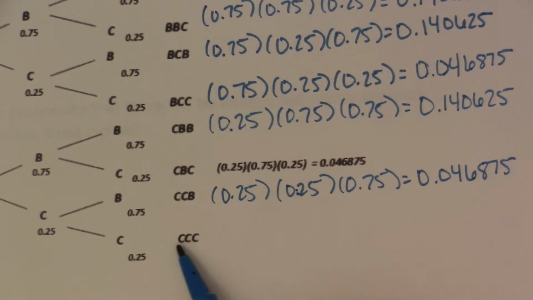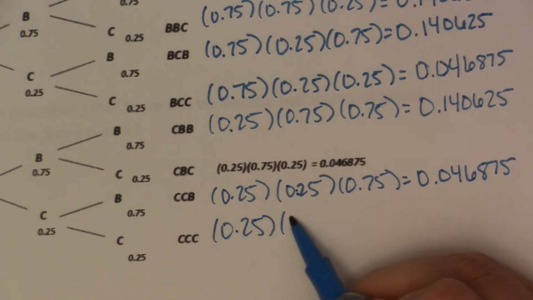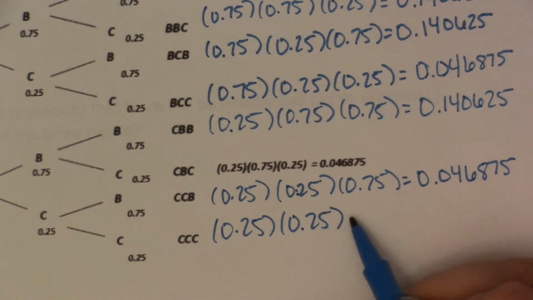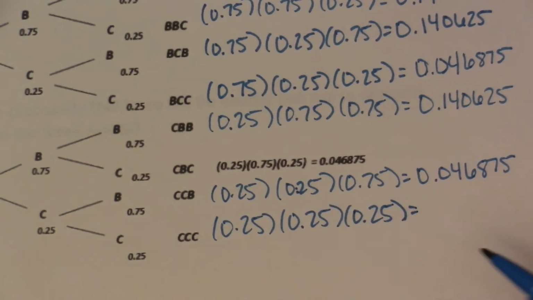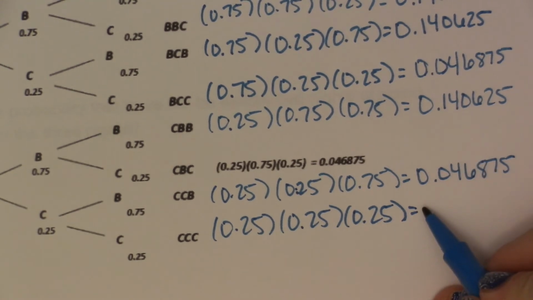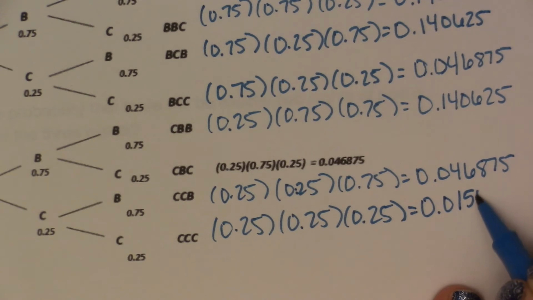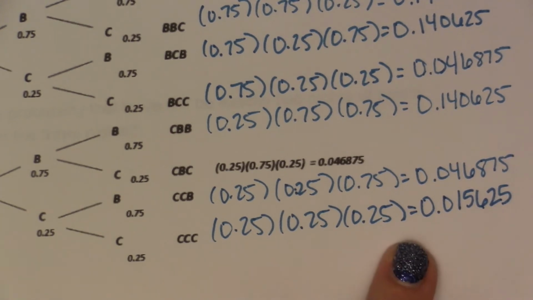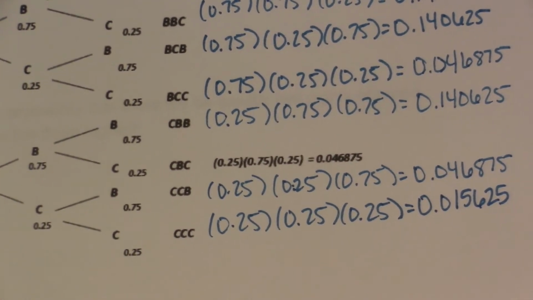And then our last one, card game, card game, card game: 0.25, 0.25, 0.25. And when we multiply, we get 0.015625. Okay, let's zoom back out a little bit here.